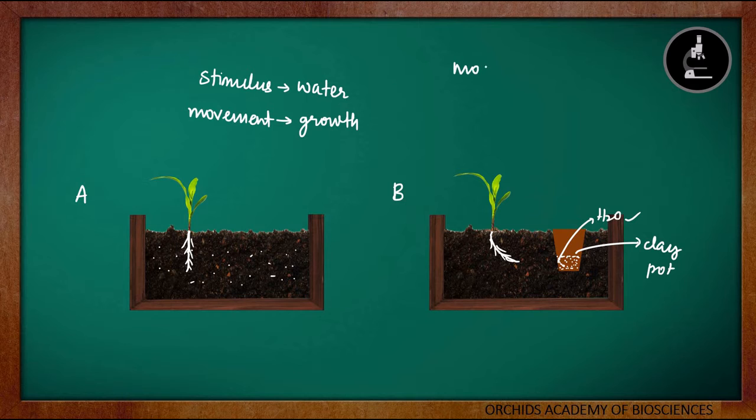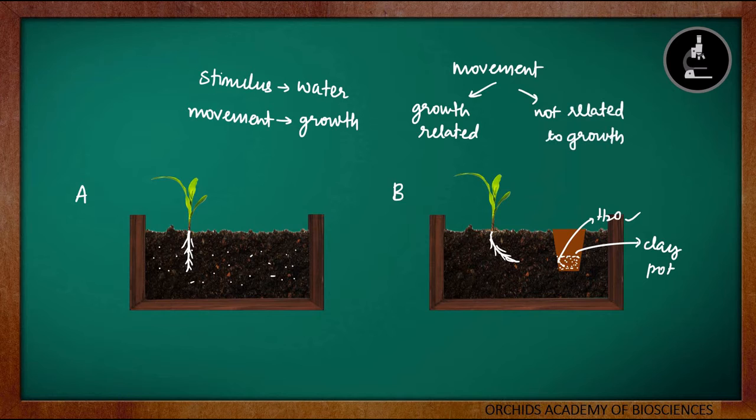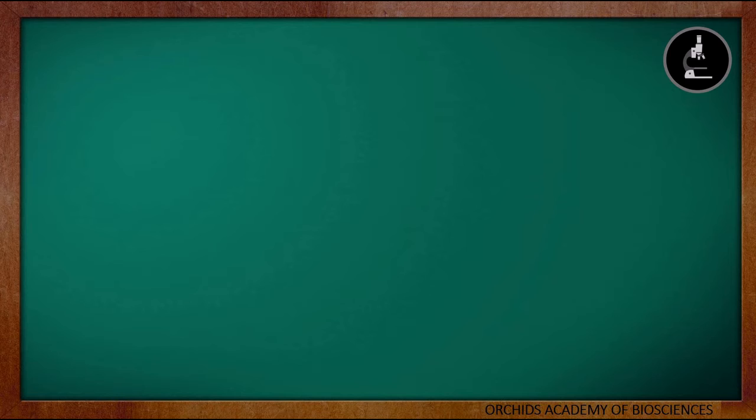So the movements in plants can be divided into whether they are growth related or not related to growth. So after looking into various examples, now we might have an idea about various stimuli like touch, water, sun, and about the various movements in the plant as well, which can be related to growth or independent of growth.